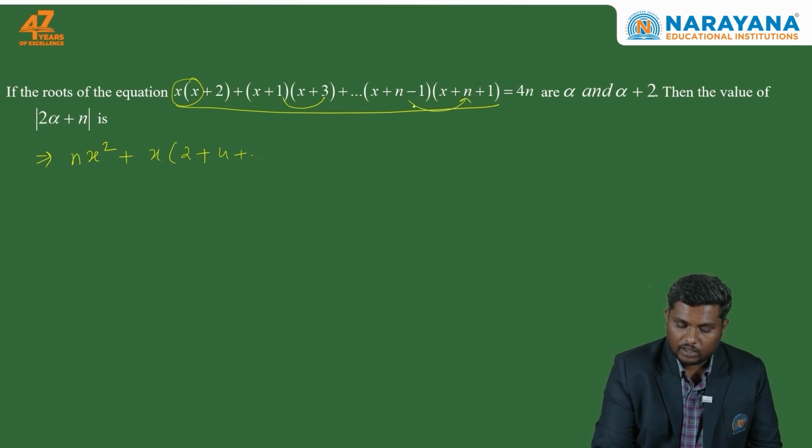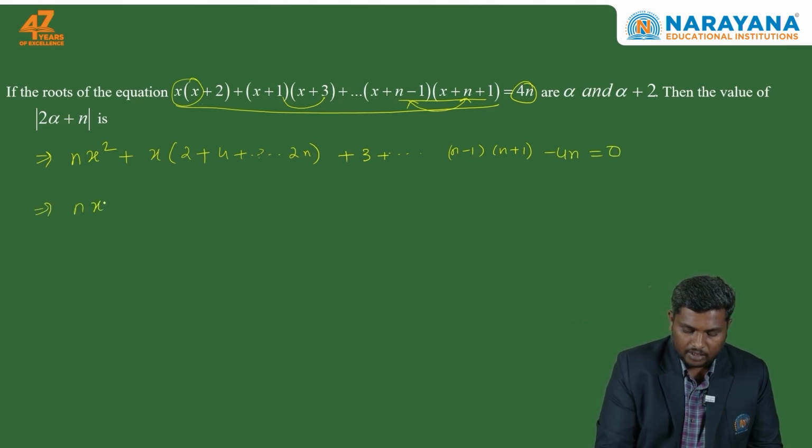Finally, the sum of these two elements will be 2n. And what about the constant? There is no constant in the first term, so it will be 1 into 3 plus so on, and what will the last term be? n minus 1 into n plus 1, and that is 4n as well here, minus 4n is equal to 0.